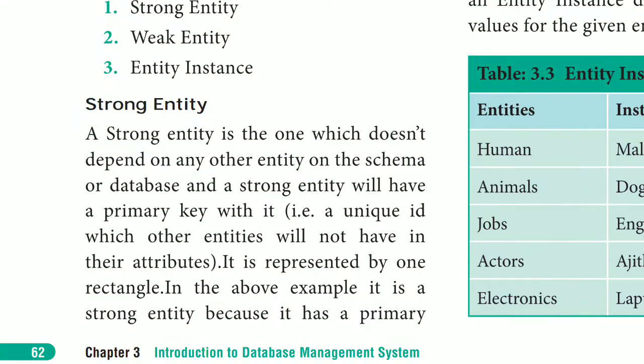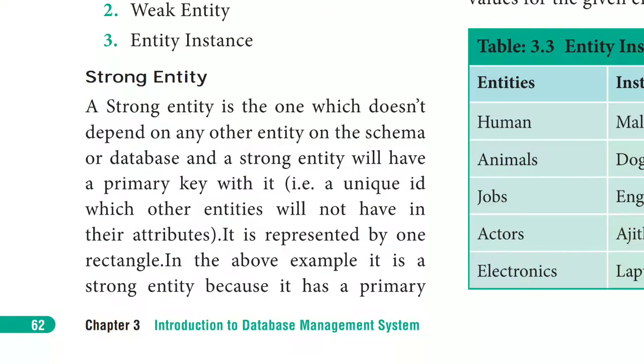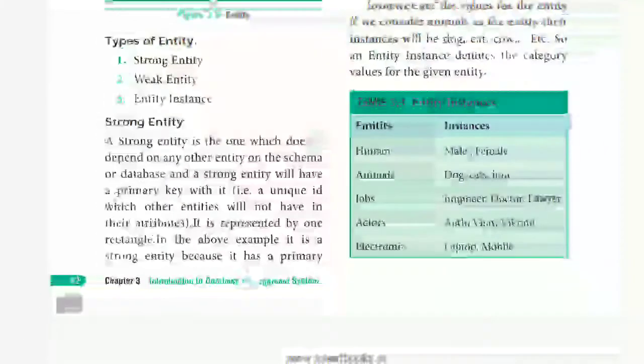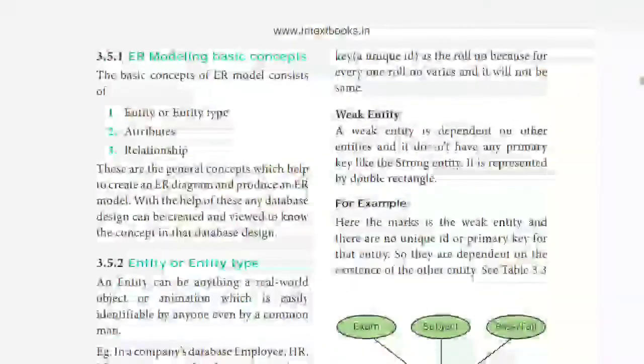A strong entity will have a primary key within it, which other entities will not have in their attributes. It is represented by one rectangle, and in the above example, it is a strong entity because it has a primary key.